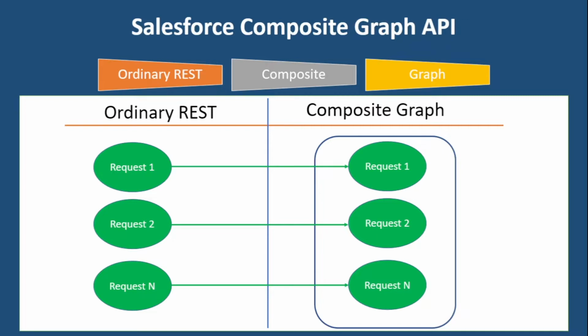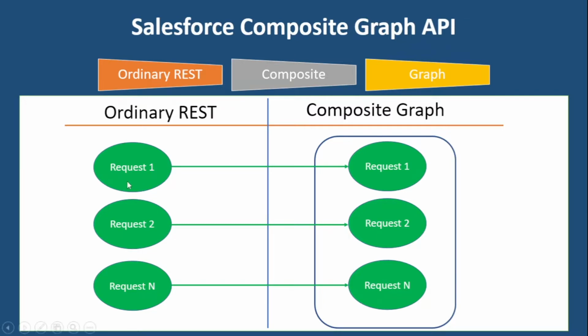But with the new Graph API, the limit has been increased. That means when you are sending 25 sub requests in Composite API, at the same time in Graph API we can send up to 500 sub requests.